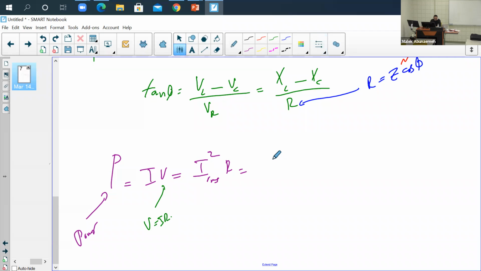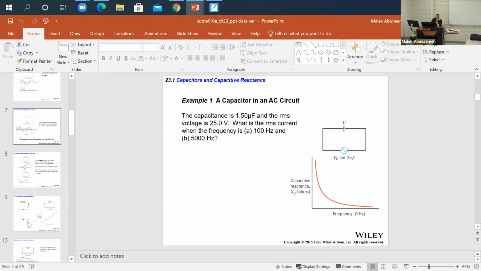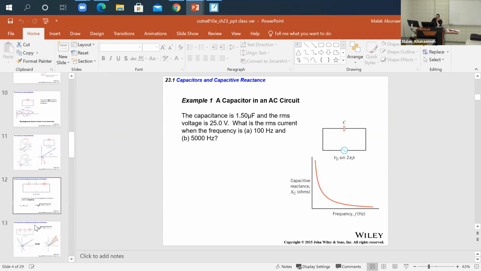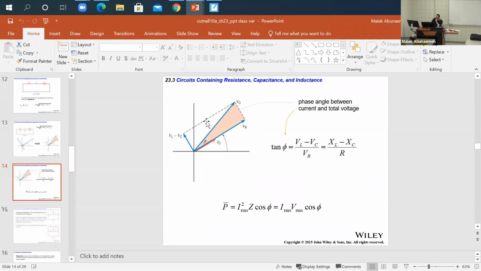Which is going to equal your root mean square current multiplied by, instead of R, we can put in Z cosine theta, which is the phase between them. And again, the phase between them in your RLC circuit is the phase between your root mean square I and your R.